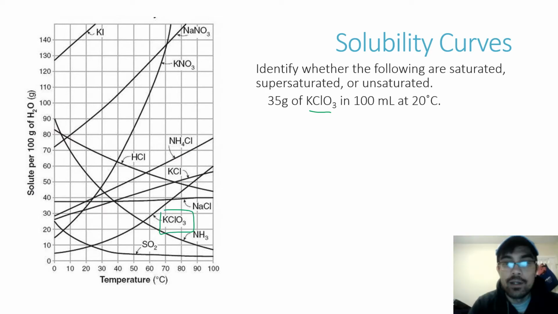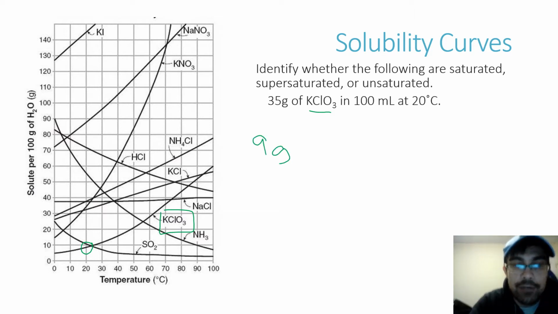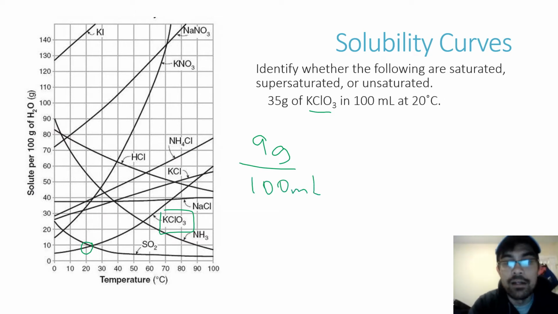At 20 degrees Celsius, you can see it's right about there. So you can dissolve approximately 9 grams, maybe about 8, per every 100 milliliters of water. That's well under the 35 grams in 100 ml that we currently have. So we would consider this solution supersaturated.